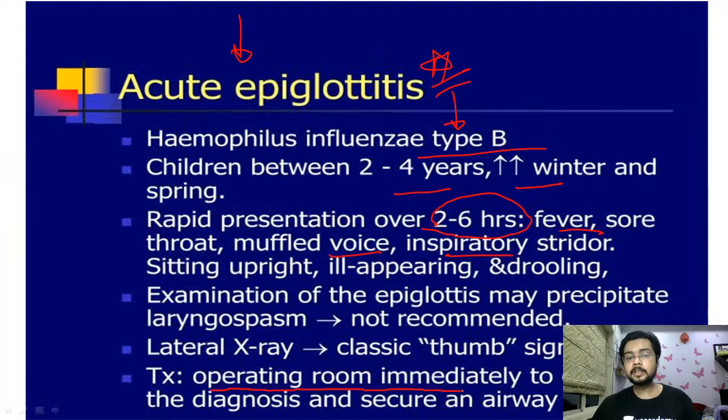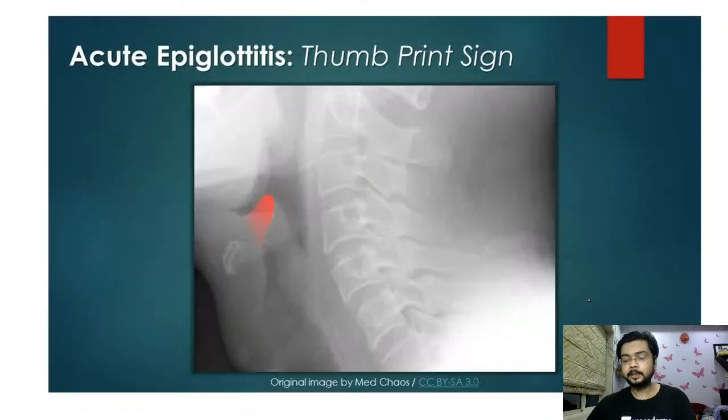Treatment is that you take the patient to the operating theater to establish the airway. Basically, airway is the first thing you will manage in a case of acute epiglottitis. The other important thing for diagnosis is the classical lateral X-ray. If you observe the classical lateral view soft tissue neck X-ray, you will see a sign called the thumb sign.